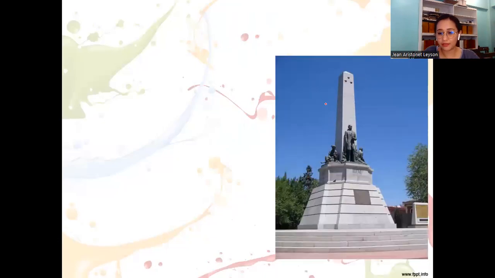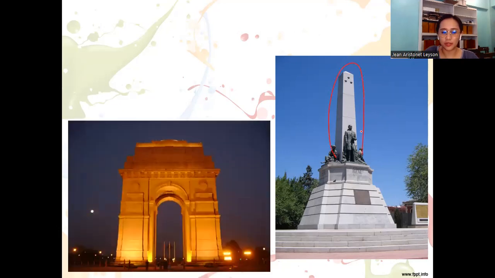Next we have the monument of our national hero, Dr. Jose Rizal. We can see a vertical line here on top. Here, I think this is a structure or a building in Europe. We can see here vertical lines, same as here.